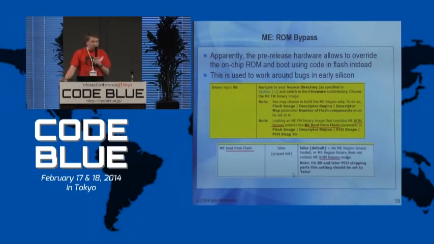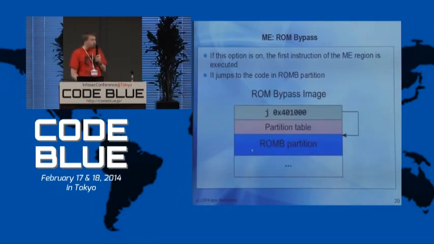This feature may be activated using Intel tools. They have an option called ME boot from flash. So how it works: if you enable this option and you have an image with such a ROM bypass region, then instead of executing the built-in boot ROM on the chip, the hardware jumps to the first instruction in this ROM bypass image.